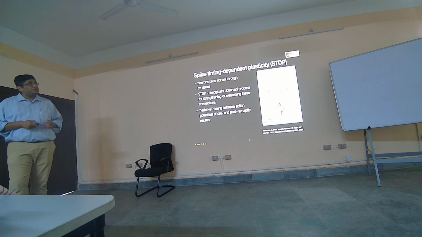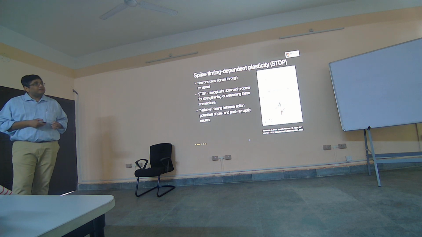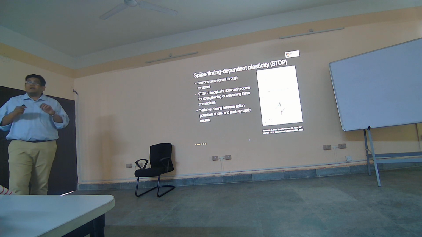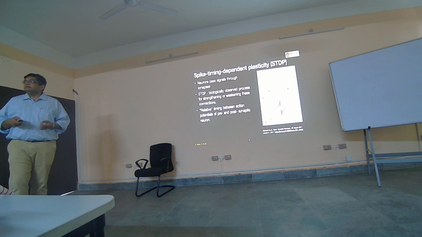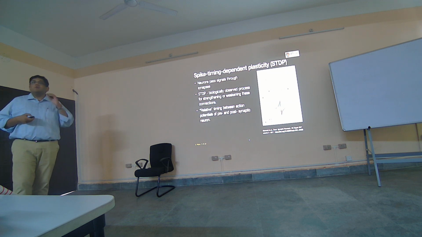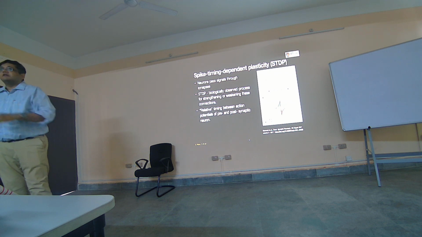Whereas if the post-neuron has fired before the pre-neuron, then we say that this particular neuron input is not important for this output, right? So by identifying the timing between the firing of the pre and the post neuron, I can talk about causality. That is to identify which are all the inputs that are important for a certain output function.